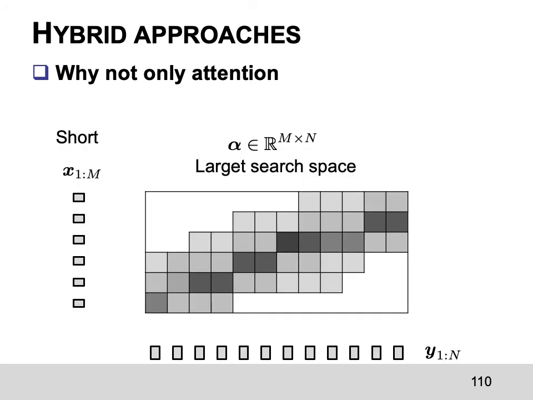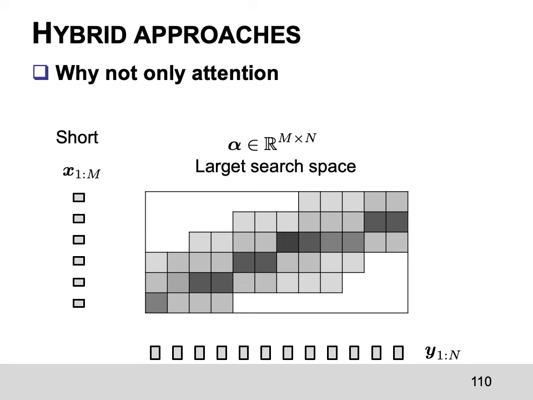For both soft and hard attention, we compute the alignment probability for each pair of the input and output time steps. For TTS, because the output sequence can be quite long, this means we have to calculate a large matrix for the alignment probability. This is not easy. Of course, we can do something more efficient.